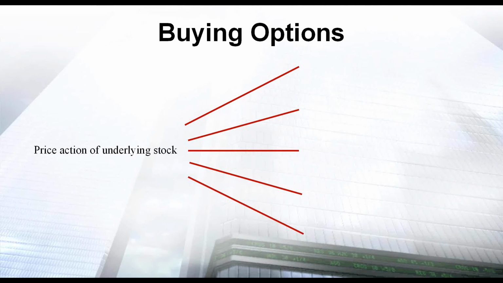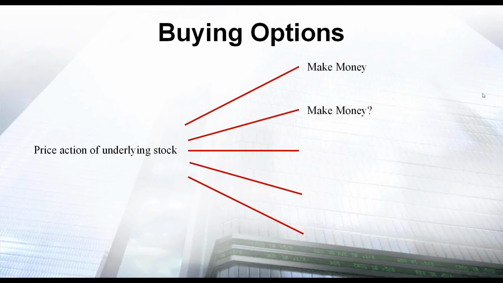If it moves in your favor by a wide margin, you will definitely make money. If it moves in your favor by a small margin, it really depends on whether you've taken the fair value and implied volatility into consideration. If you have not, you won't make money, not even if it moves in your way slightly.